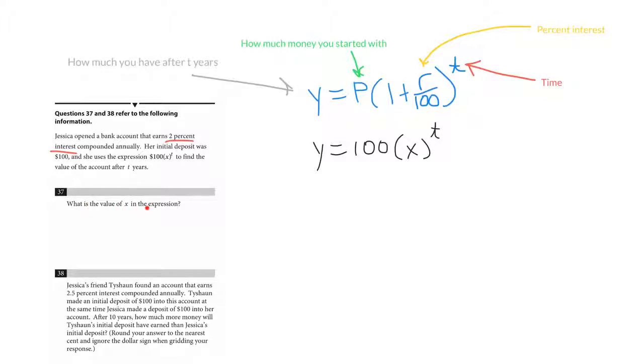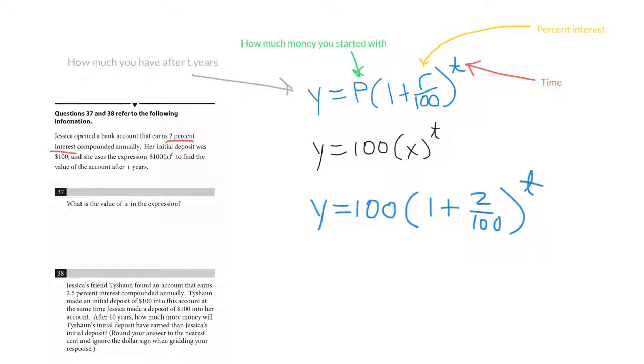So we want to know what's the value of x in the expression. If it earns 2%, this whole parentheses is going to be 1 plus 2 over 100. Two over 100 is just 2/100ths, so in decimal form this could be 1.02. I'm going to write y equals 100, the principal, times 1 plus 2 over 100 raised to the t, based off of this formula.